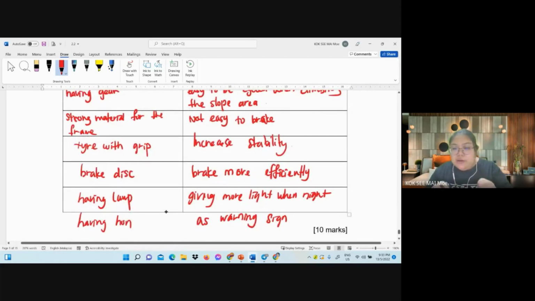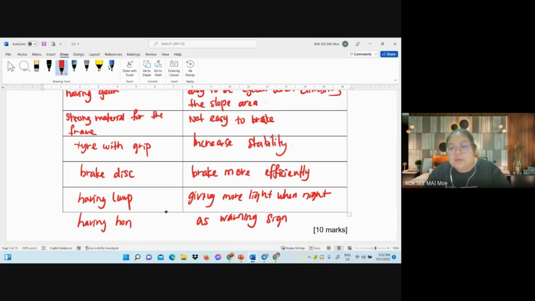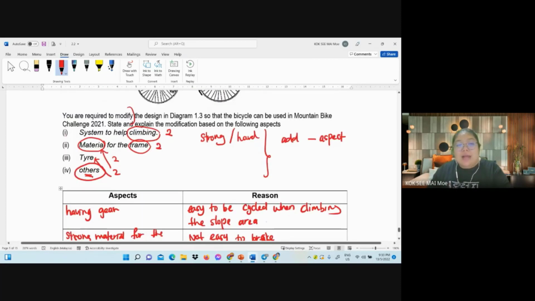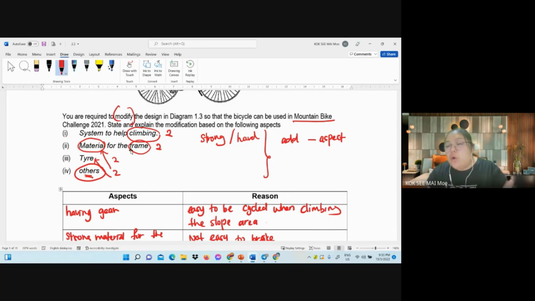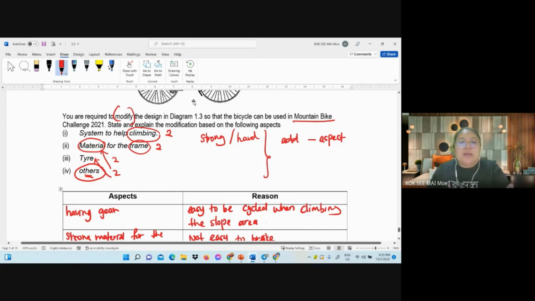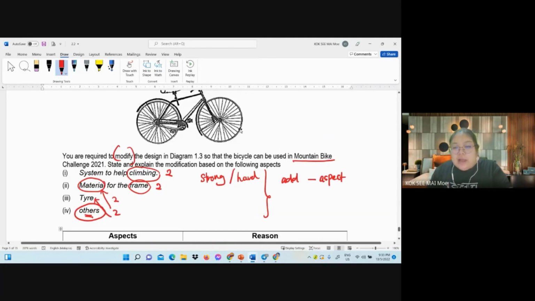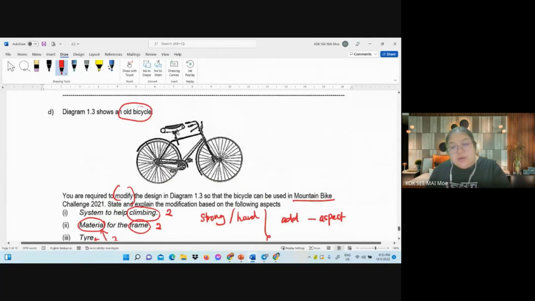The question can also become like this. Like this is better because they fix the aspect for you, then you know how to answer. If they never fix for you, that means too open already. Anything I also can mention. Not only this one, I can mention the belt also. I also can mention the seat.